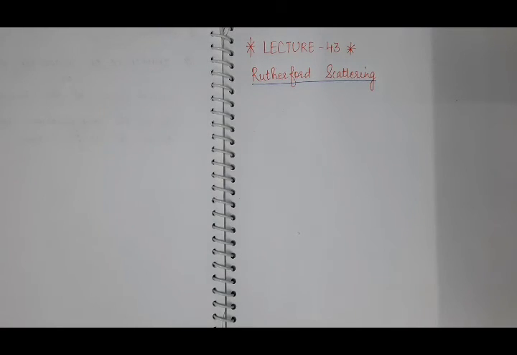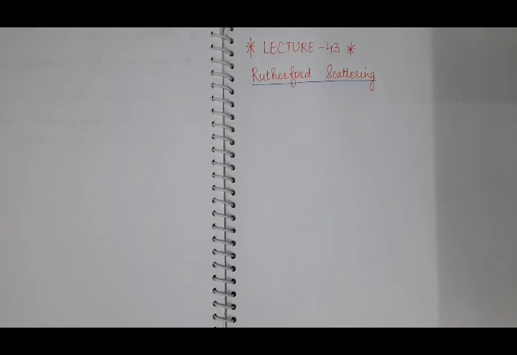It is the scattering observed by Rutherford in case of a positively charged nucleus and a positively charged particle which is approaching that nucleus. Initially that positively charged particle is at infinite distance from that positively charged nucleus, but it is approaching that nucleus.